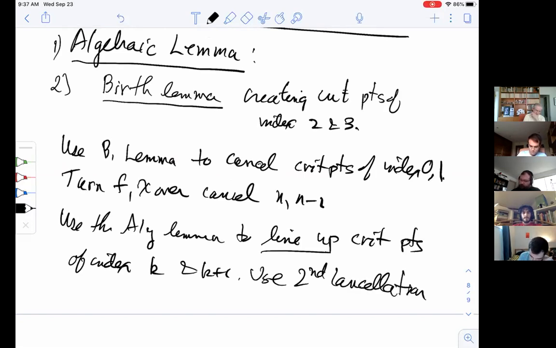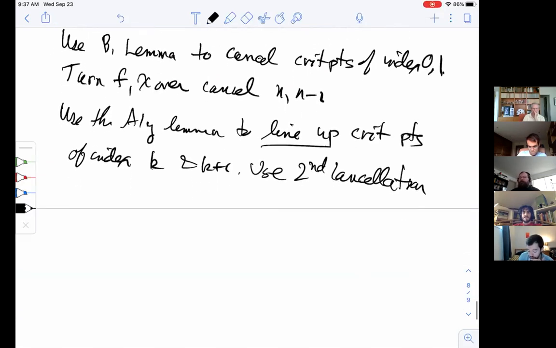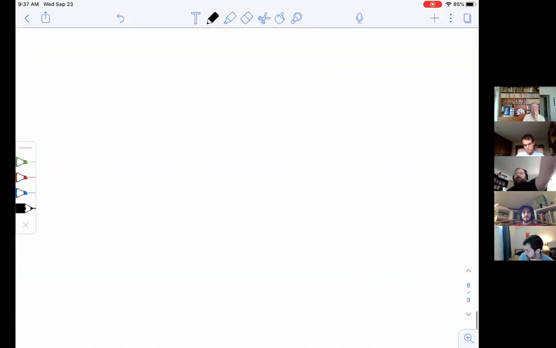Cancel the critical point of index k against the one that's matched with it in degree k plus 1. You continue until there are no critical points left. All right. Questions about that before I state and prove the algebraic lemma, and I guess I have enough time to do that, the birth lemma.